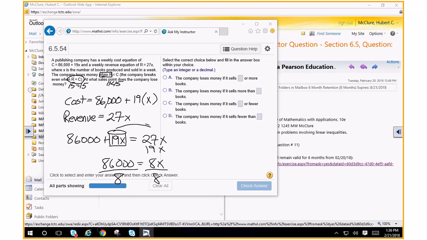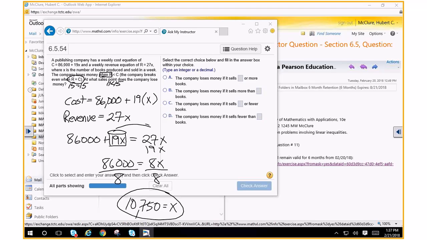I'm thinking 8 will go into 10,700. 10,750. Okay, so 10,750. So that's how many books you're going to sell. That's the break-even point. That's probably what they're asking.